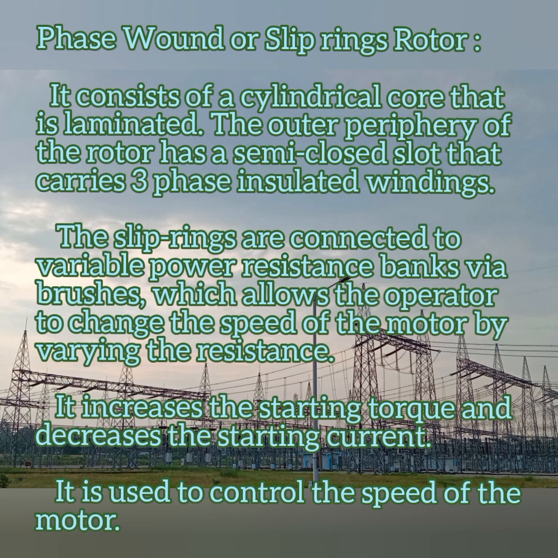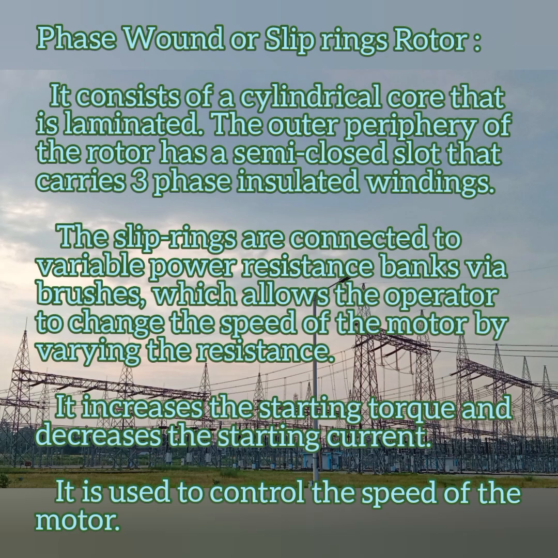The slip rings are connected to a variable resistance bank via brushes, which allows the operator to change the speed of the motor by varying the resistance. Then it increases the starting torque and decreases the starting current. It is mainly used for speed control of the motor.